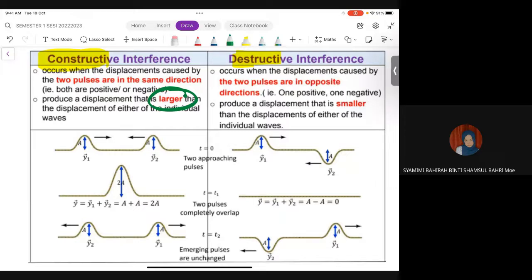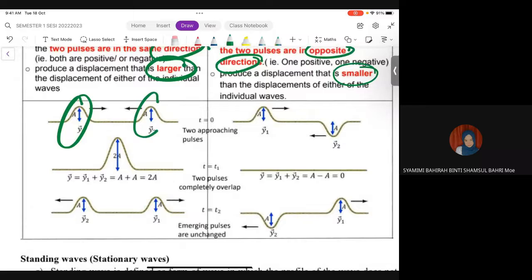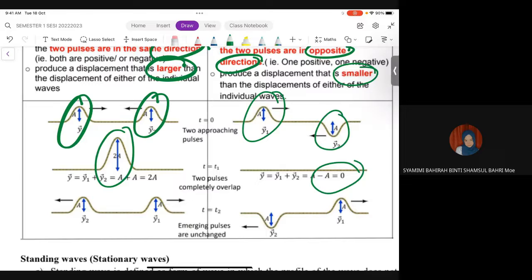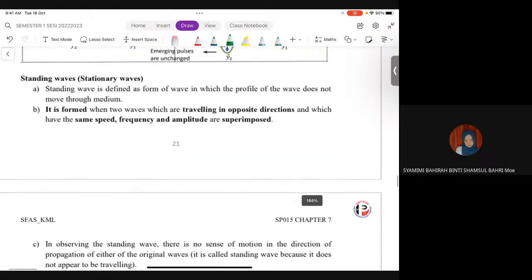Okay, kalau destructive dia adalah 2 waves in opposite direction, dan dia akan menghasilkan smaller displacement. Ini contoh gambar dia lah. So ada 2 puncak bertemu puncak, so dia dapat 2A. Kalau untuk destructive, satu crest, satu trough. Crest bertemu trough, you akan dapat 0 lah. So itu adalah destructive. Okay, the next one.